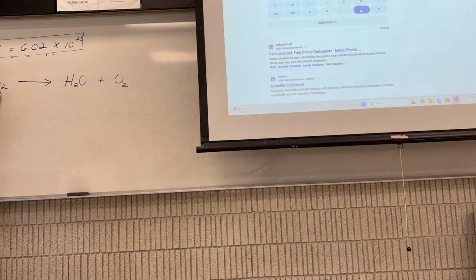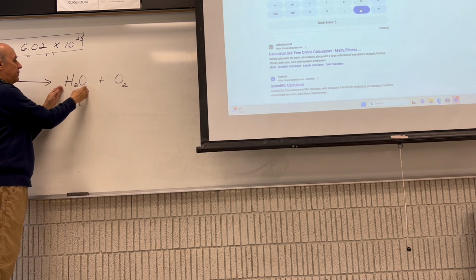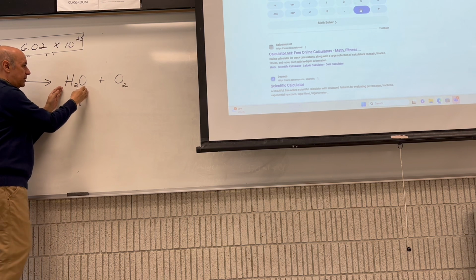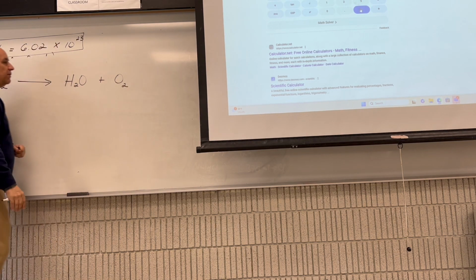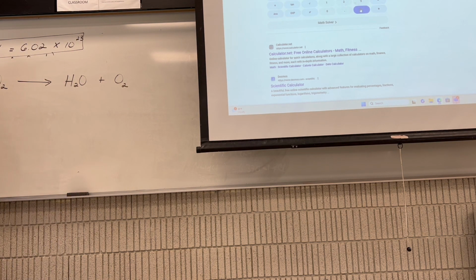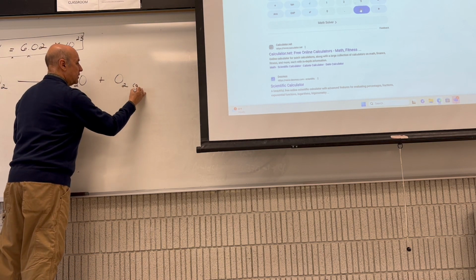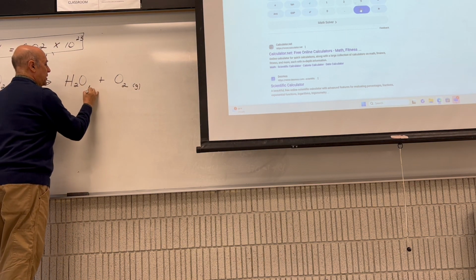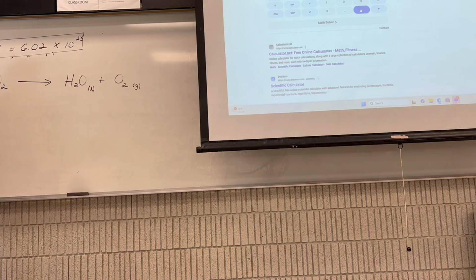So this is the molecular formula for a compound. I'll tell you the name in a minute. This is the molecular formula for something that you know as water, and this is the molecular formula for oxygen gas. So let's put here that this is a gas. This is going to be a liquid at room temperature, so little L, and this is typically a liquid at room temperature.